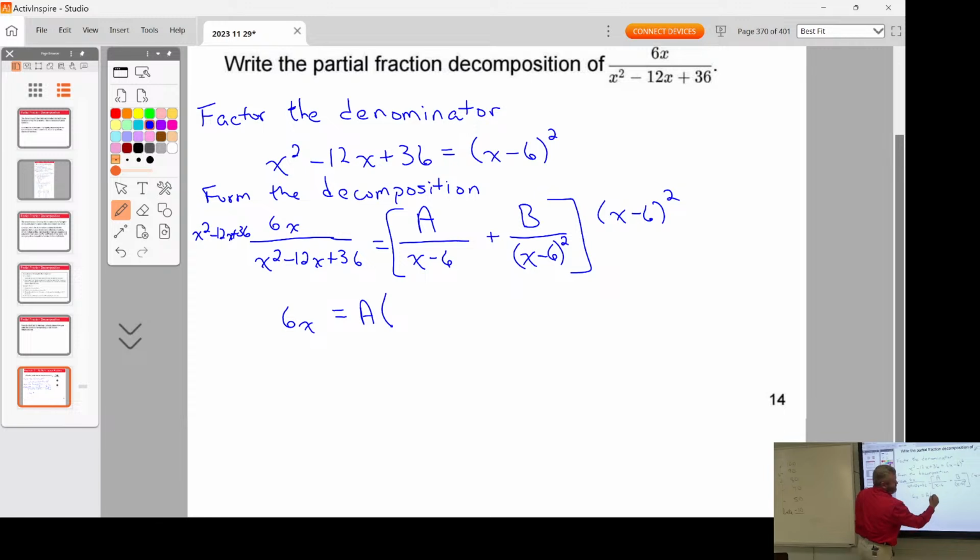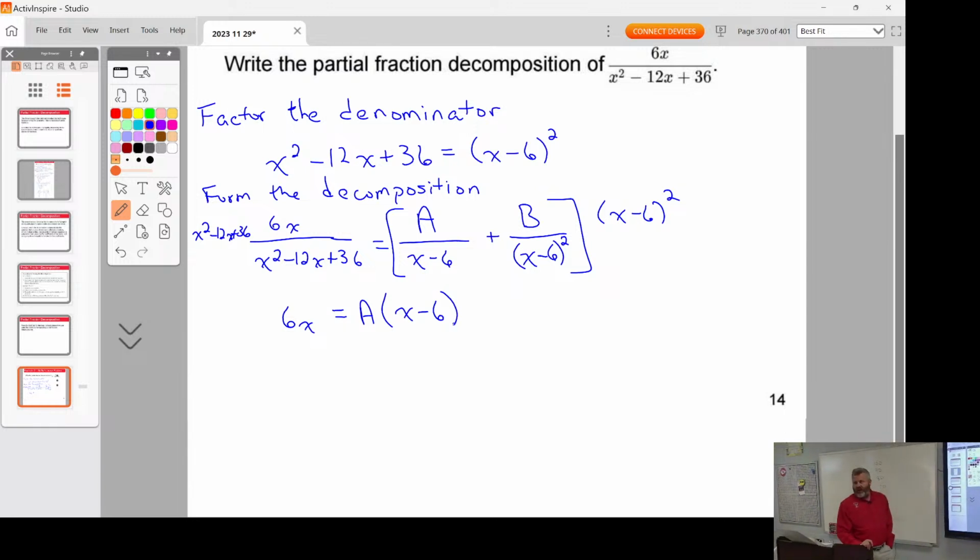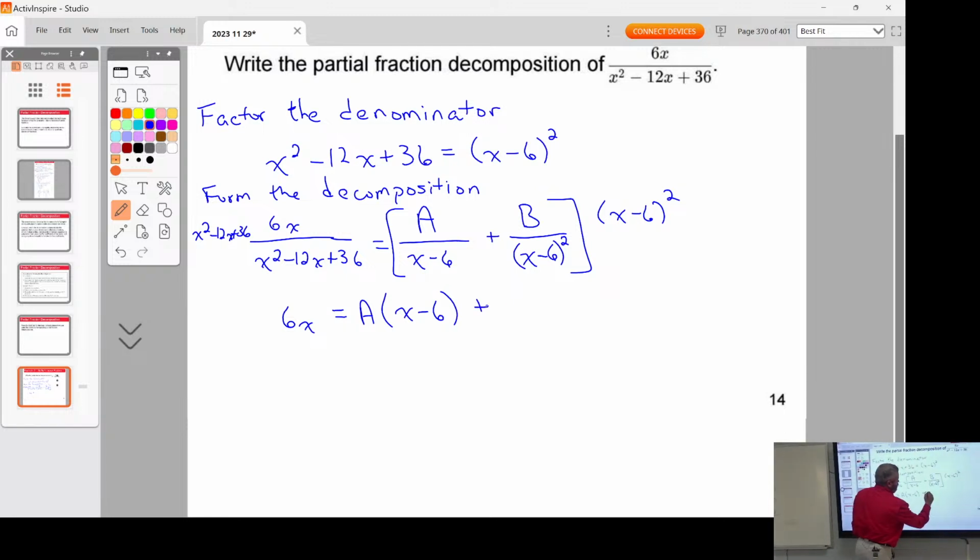A times x minus 6. If I multiply the second term by x minus 6 squared, I get B.